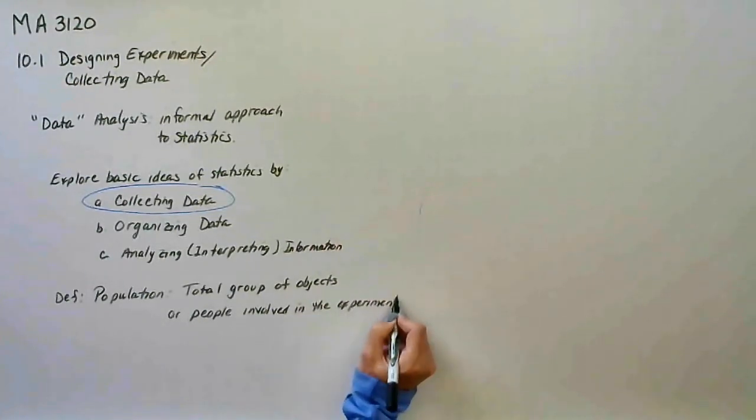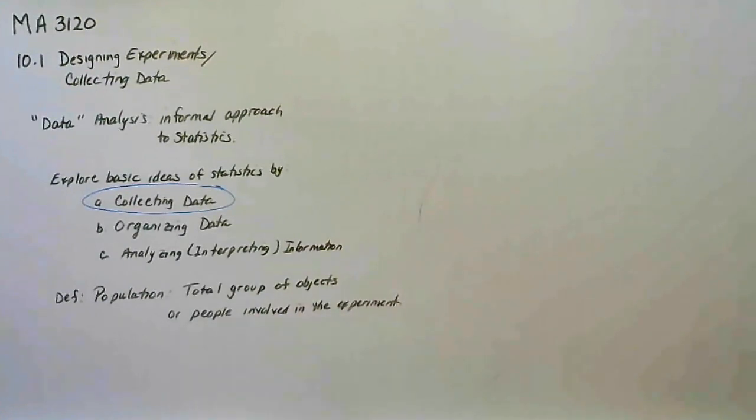As a teacher, one of the easiest populations to use is your current classroom, or the school in which you are teaching, or the town, the city, or the state. But it's just a controlled population, a controlled group.